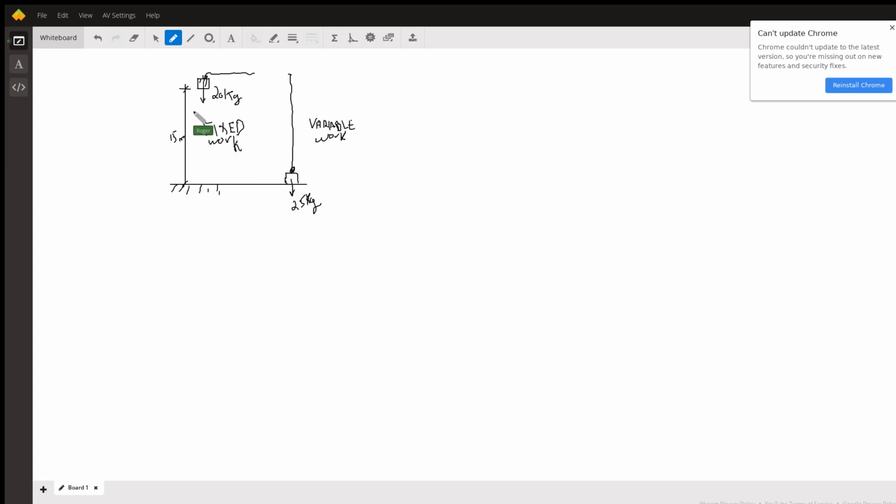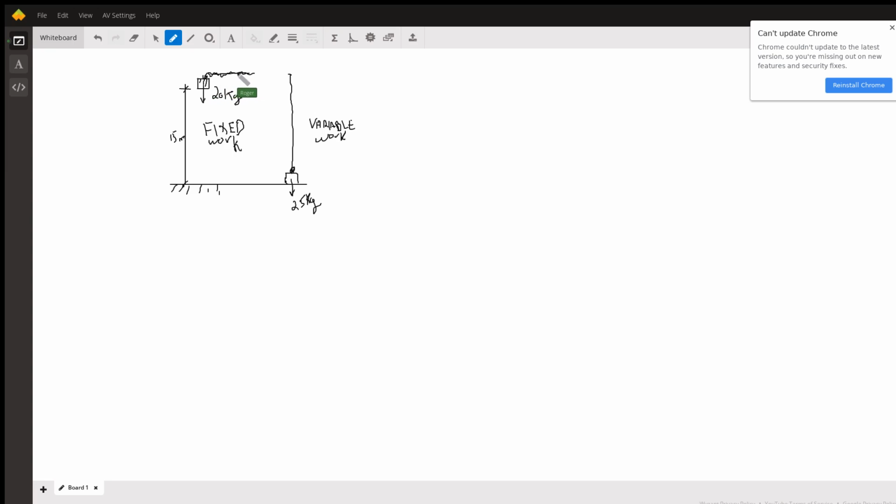So what is the work on this bucket here in the fixed condition? We'll start with the fixed condition because that's the easiest. First of all, you have to understand that when the bucket is lifted up to the 15-meter range, the weight of the rope is no longer affected. It does not affect the weight here because the rope is being pulled.